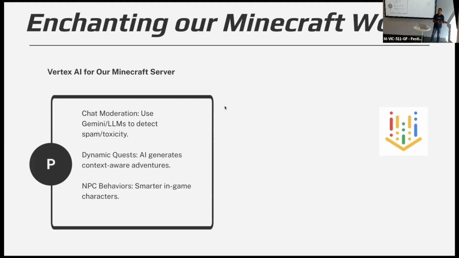However, if you are coming from a product side, you look at your application and how you can improve the end user experience. So things like chat moderation, right?